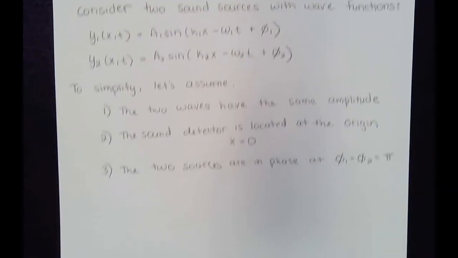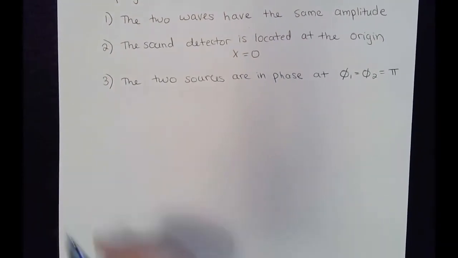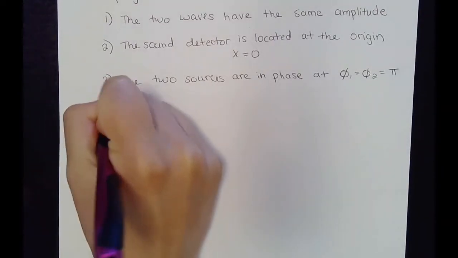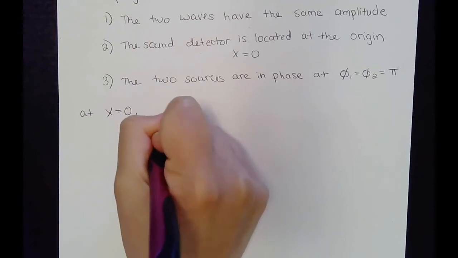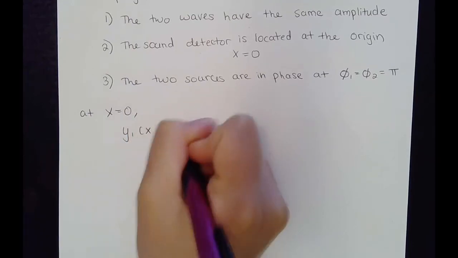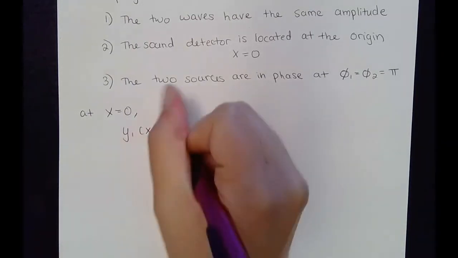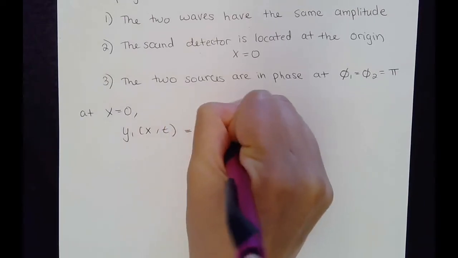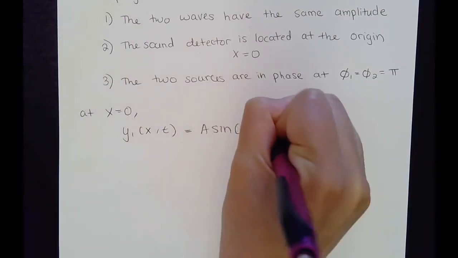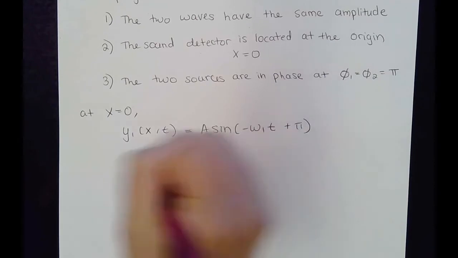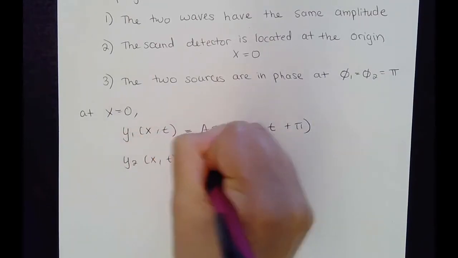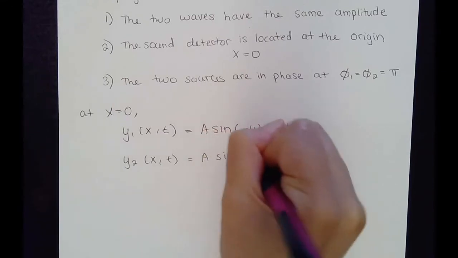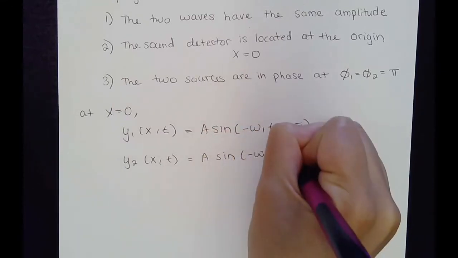Okay, so when we do that, then at x equals 0, we have y1 at x and t, or just y at t, equals A sine of negative omega 1 t plus pi, and y2 is A sine of negative omega 2 t plus pi.